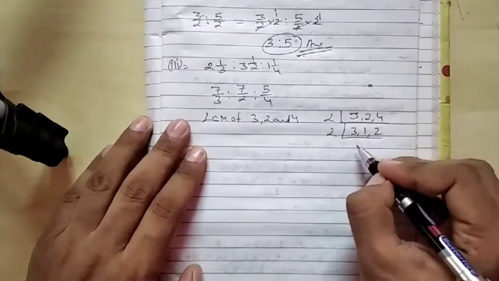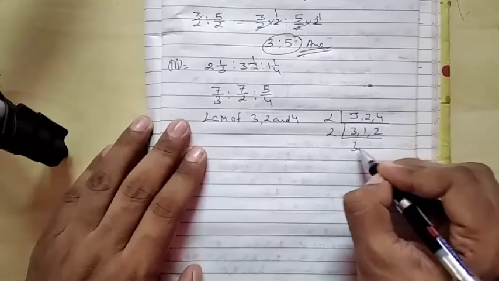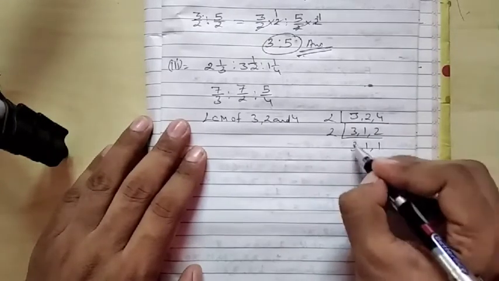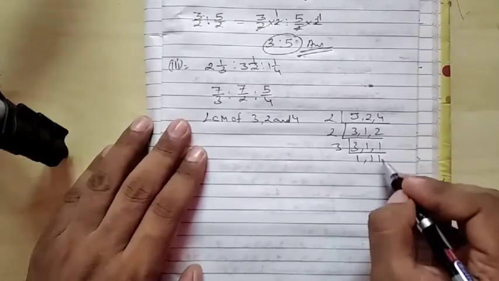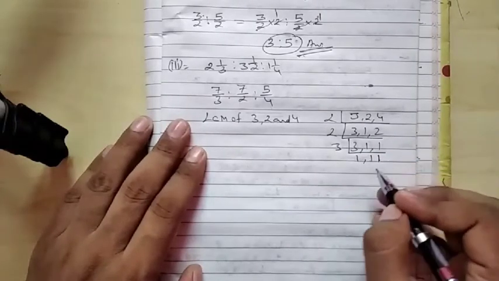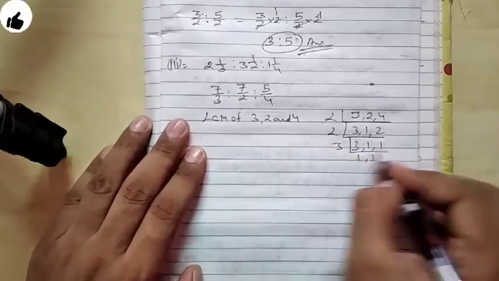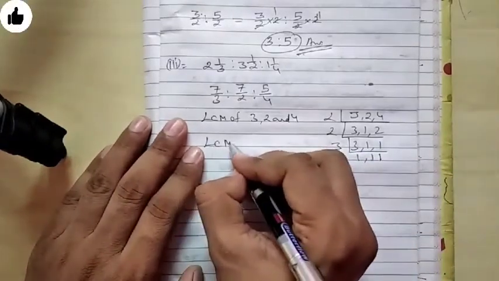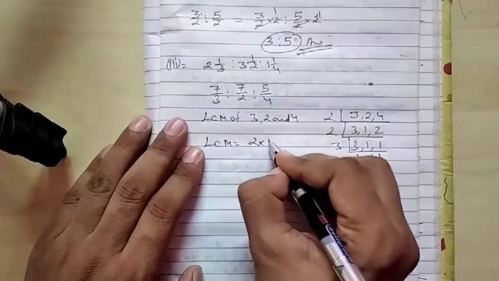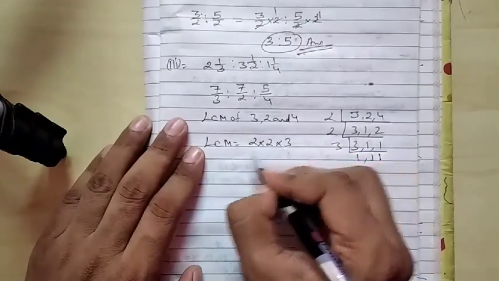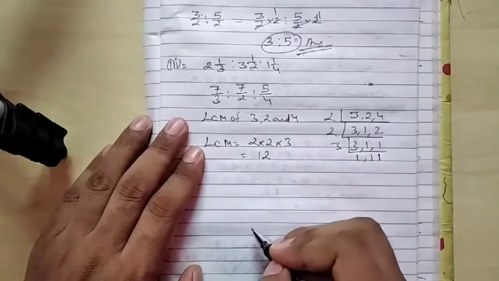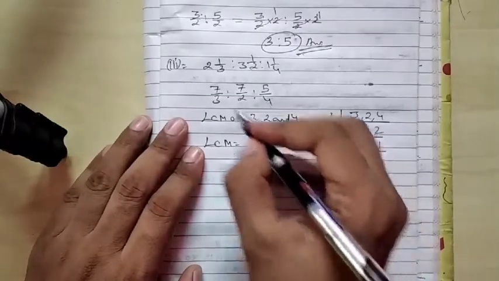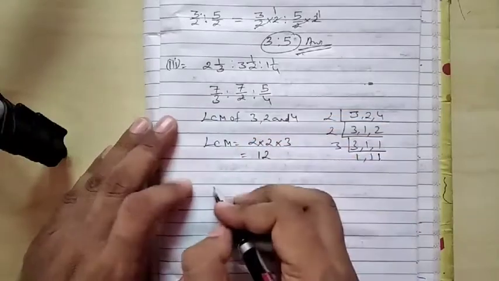Now you will divide by 2 again. 3 will still remain the same, 1 will remain, 2 1s are 2. Now you will divide by 3. 3 1s are 3, 1 1. We divide till we get 1 at last. Now the LCM will be 2 into 2 into 3, that is 12. The LCM is 12. Now we will multiply this LCM by each fraction one by one.